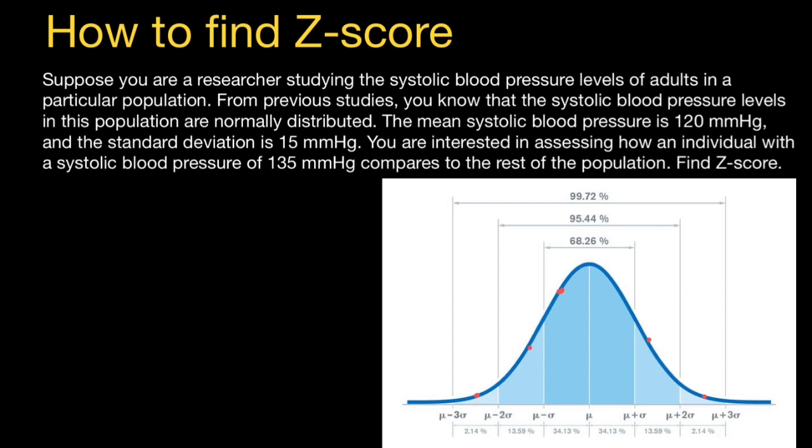So what is the definition of the z-score? It is known as the standard score. It is a statistical measurement that describes a value's relationship to the mean of the group of values, measured in terms of standard deviations from the mean.